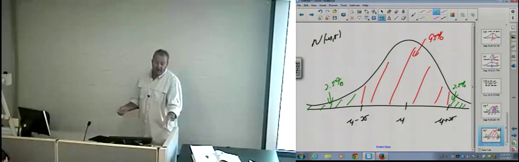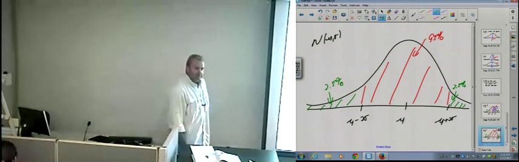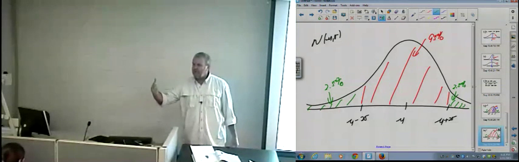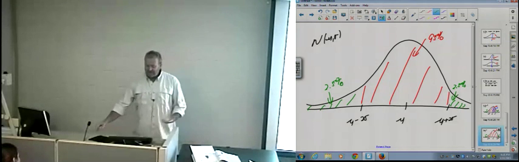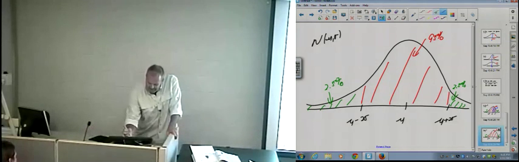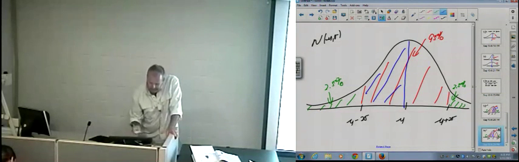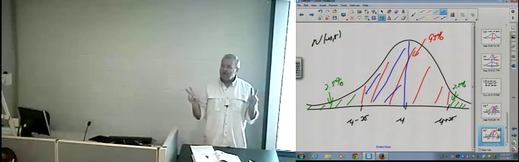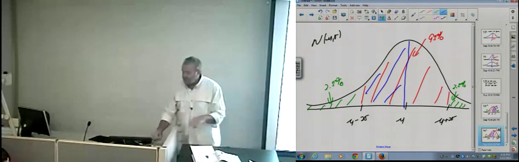So I know 2.5% of the observations are less than 2 standard deviations to the left, right? And I know 2.5% of the observations are greater than 2 standard deviations to the right of the mean. Okay, what was the other one I just did? Let's do this side. What should this blue be? Before I took half of 68, right? It should be 47.5, half the 95 in blue there.